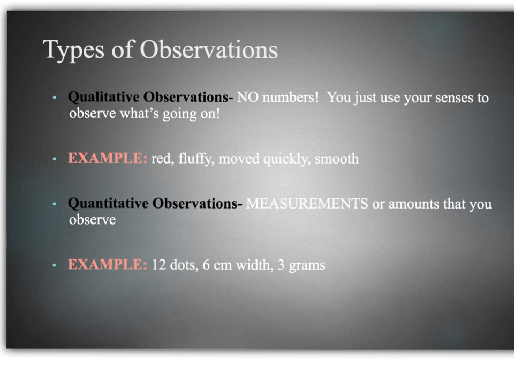Quantitative observations. These are measurements or amounts that you observe. So an example, there were 12 dots on the ladybug. The bug moved 6 centimeters in width across the track or something like that. Okay? The rock weighs 3 grams.